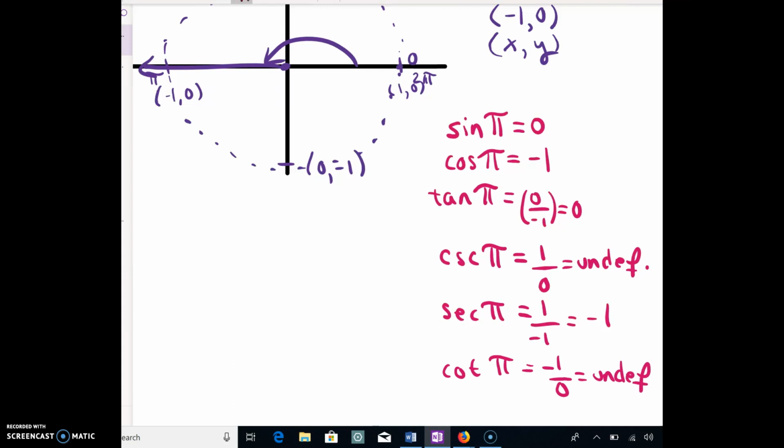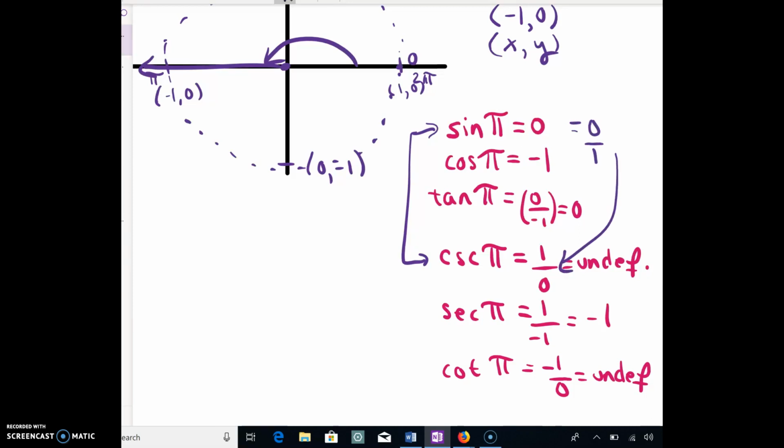Now notice that we can use the definitions here for sine, cosine, and tangent, but also keep in mind, remember we talked about the idea that these are reciprocal values. So once we have sine, in order for us to find cosecant, we can just take the reciprocal of sine, and the reciprocal of 0, remember we could call 0 as 0 over 1, and the reciprocal of 0 over 1 is 1 over 0.